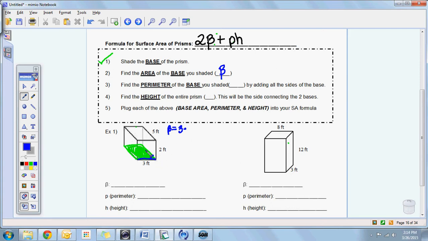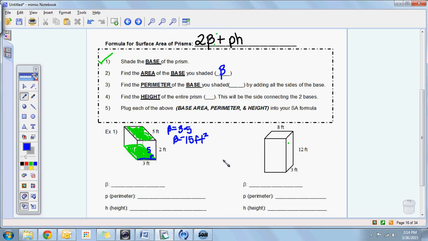Remember, the thing about prisms is that the base extends throughout the entire shape. So I've got another one exactly like it on top here. So I can use the information from that top shape for this bottom shape. So my base is 3, and my height, I'm going to look up at my other one, is 5. Okay, so 3 times 5, so my base area is 15 feet squared.